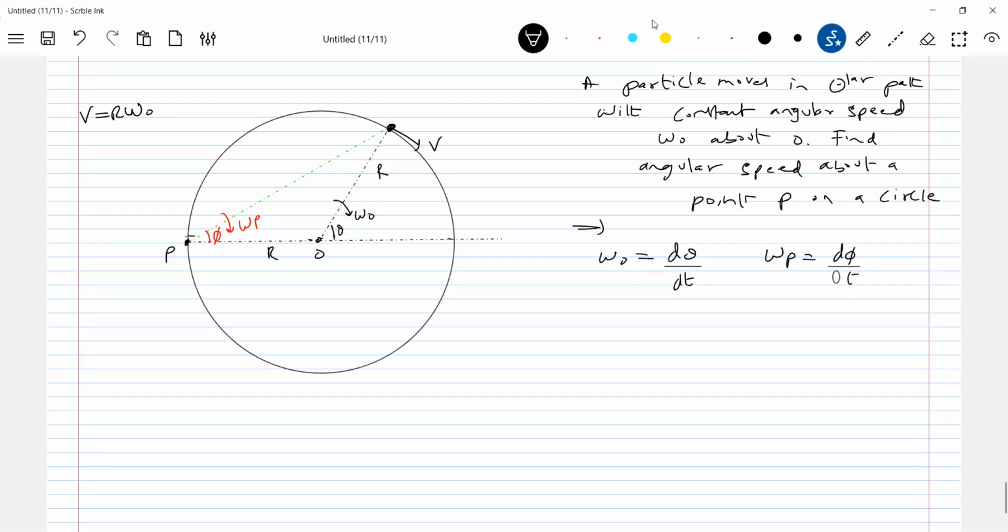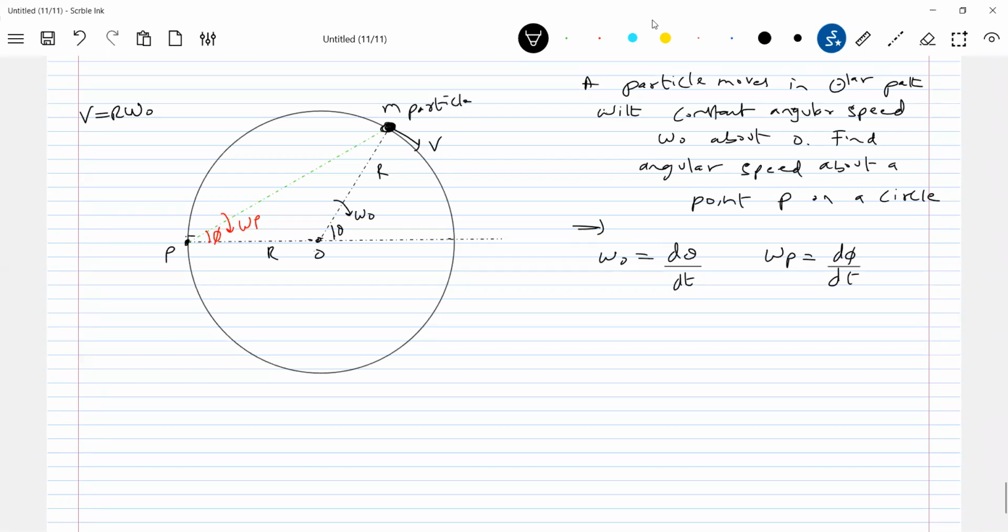This is the particle. P is not the particle. I think some of you will get confused. Okay, fine, no problem. We'll proceed here. So can we calculate this d phi by dt? We'll take help of the circle.